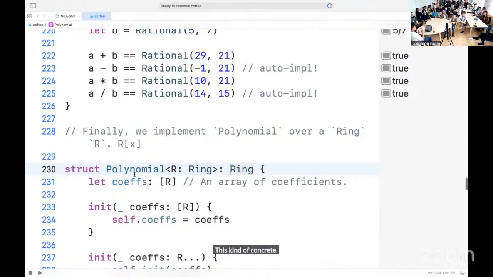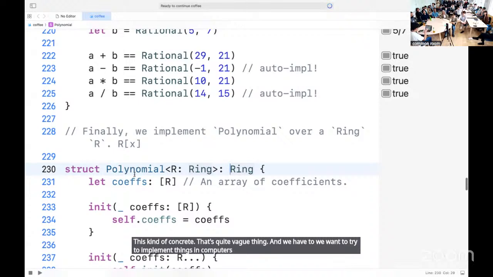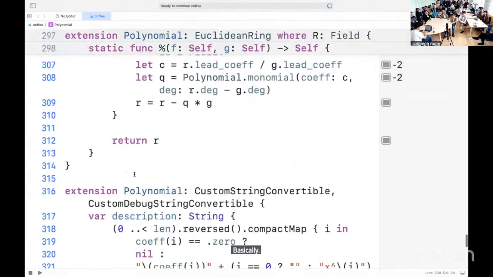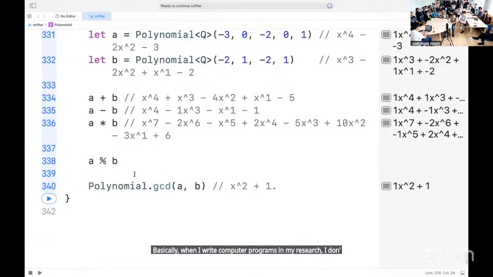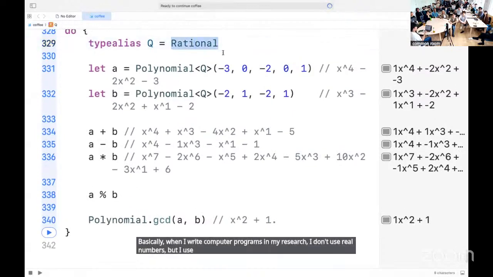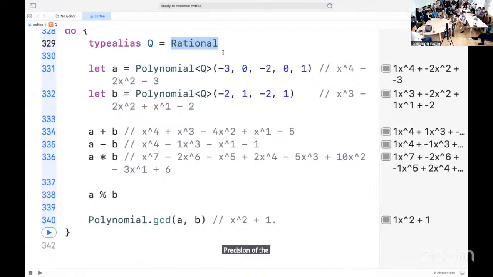So that's quite a vague thing, and when we want to implement things in computers, we have to think about the restrictions of what we can handle. Basically, when I write computer programs in my research, I don't use real numbers, but rational numbers instead, because we cannot handle real numbers in this precise way. For example, the square root of 2 times the square root of 2 is not equal to 2 in programming, because the precision of floating point numbers is not perfect.